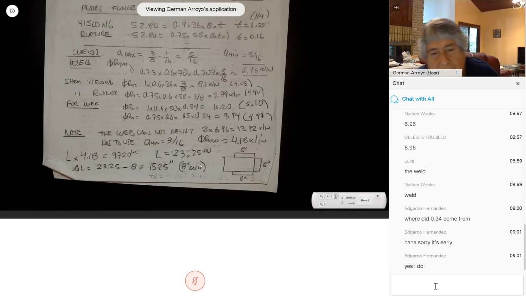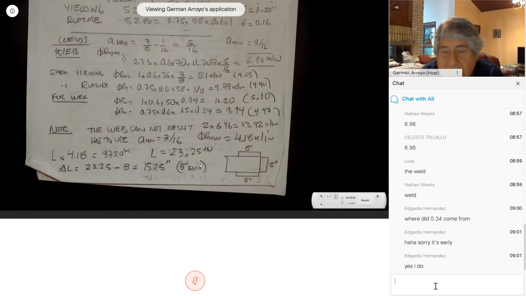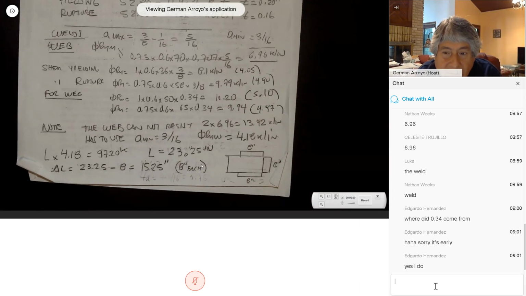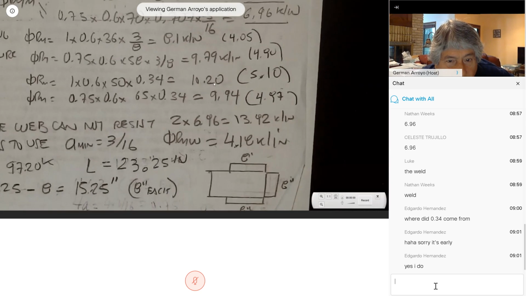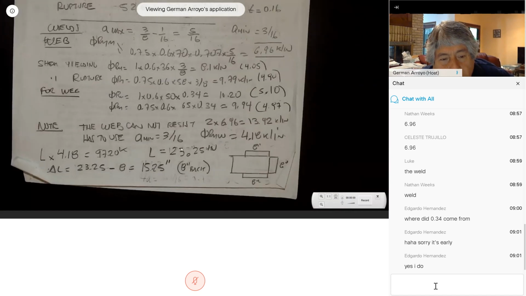So what I was saying is that since the web is resisting from both sides, what we really have is 13.92 kip per inch instead of 6.96. And the capacity is 10.94. So it will fail, so I decided to use the minimum one.